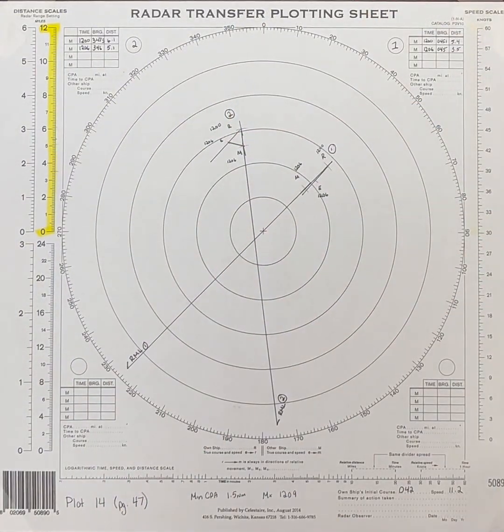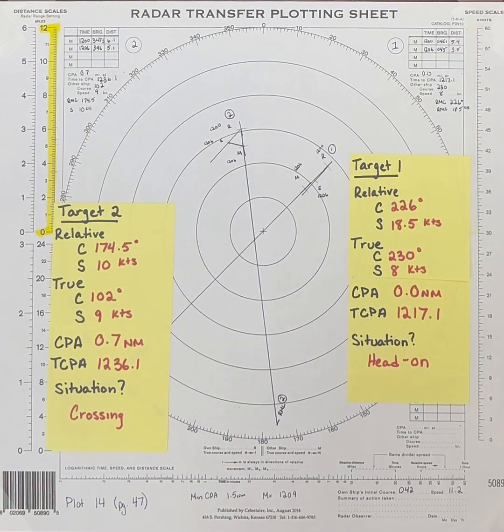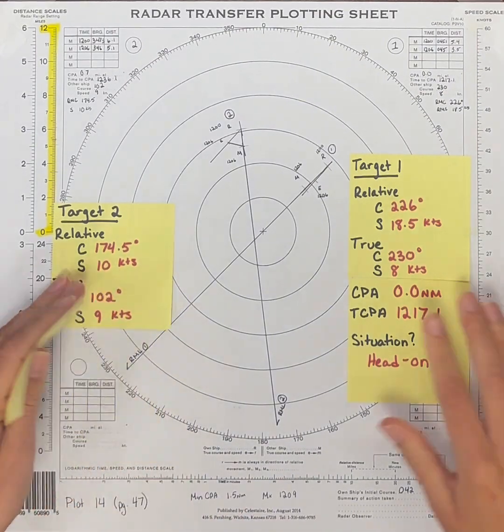Please use this time to pause the video now before I reveal all the answers of relative motion, true motion, CPA, TCPA, and what situation we have. Okay, so here's all of the information. Again, give this video a pause to check your numbers versus mine.